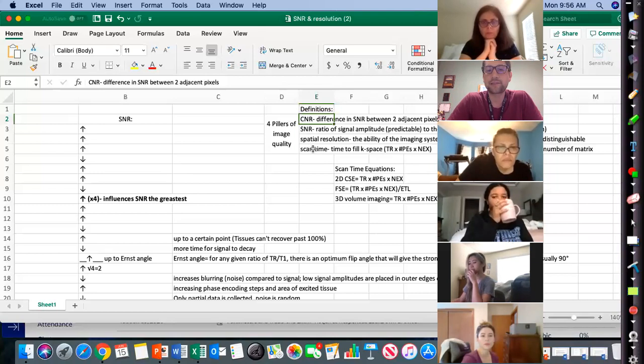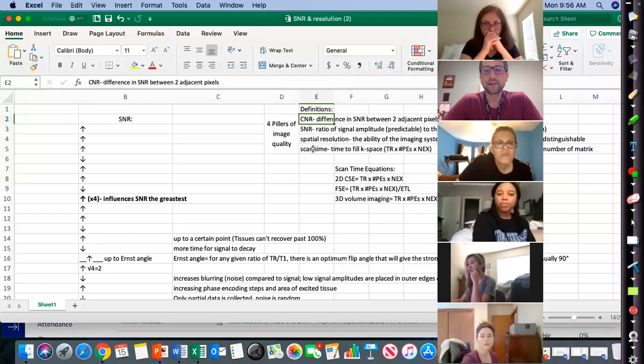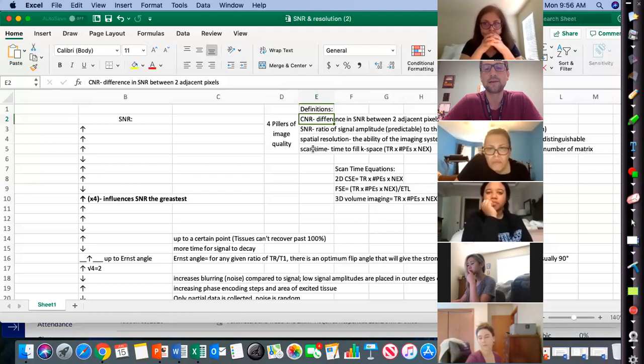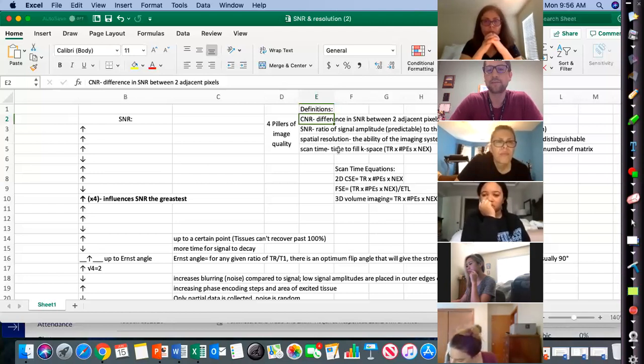Scan time is the last pillar of image quality. We want to reduce scan time so that we prevent any motion on our images. And we know we have certain restrictions with some patients in terms of breathing and claustrophobia, things like that. But we still have to get good image quality, so we have to wait a good amount of time to fill K-space. So scan time is the time to fill K-space.